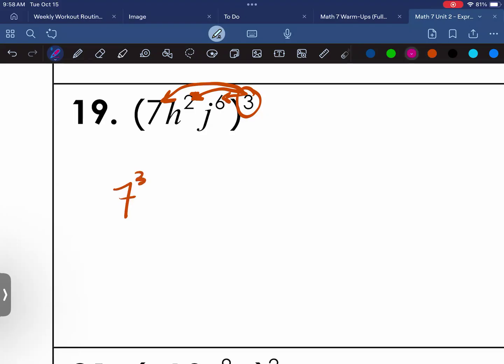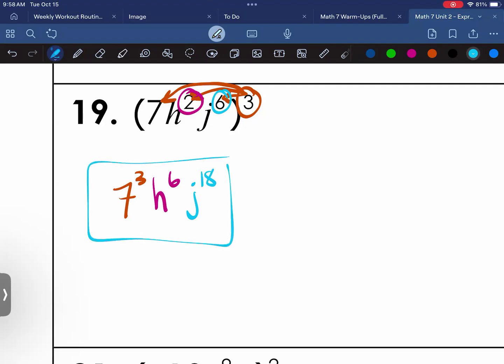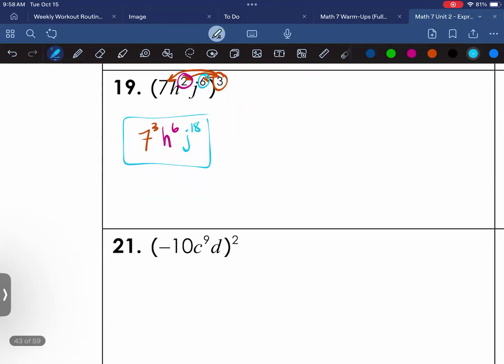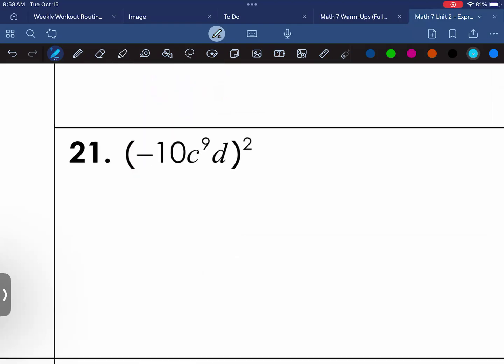And then h squared, we have h, and then we have 2 times 3. For j, we had h to the 6th power, so we do 6 times 3. And there is my simplified monomial. Go ahead and try number 21 on your own.